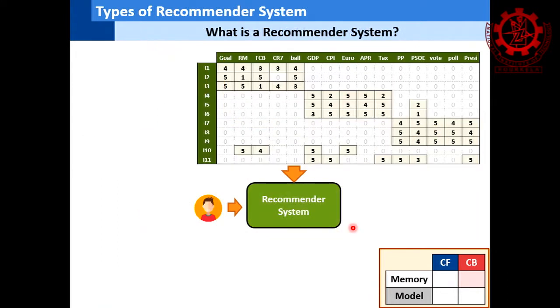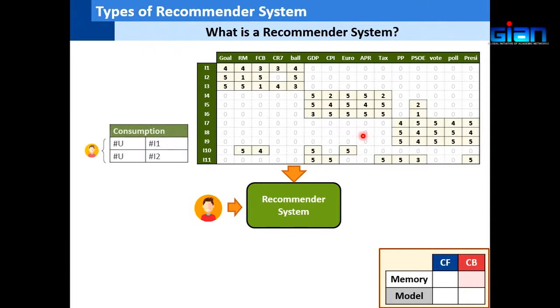And how can we recommend items with this kind of information? Well, just imagine that we have this table related to the items, and we have another table related to the consumptions that the users have made.